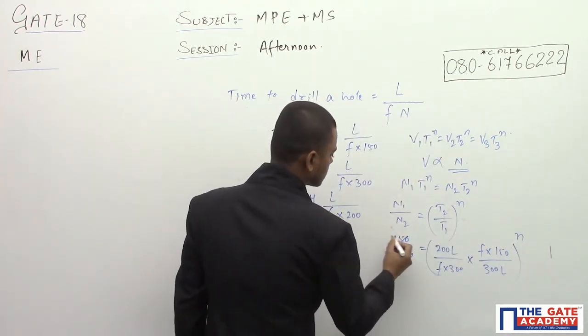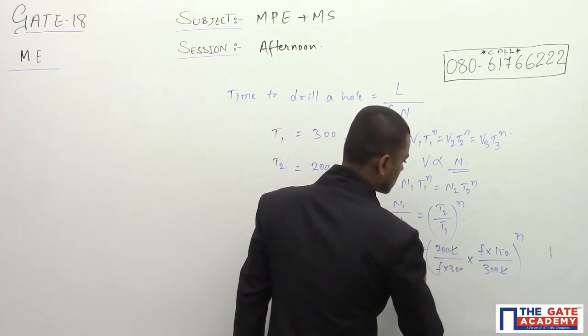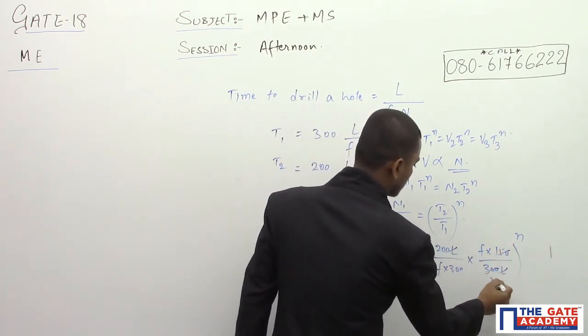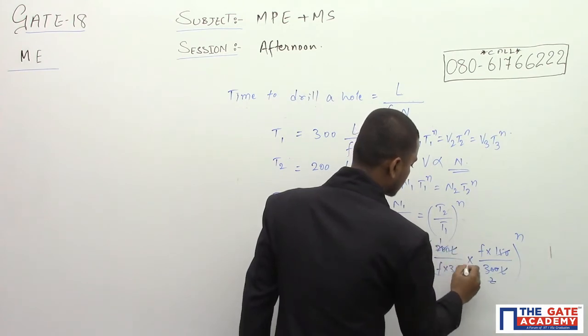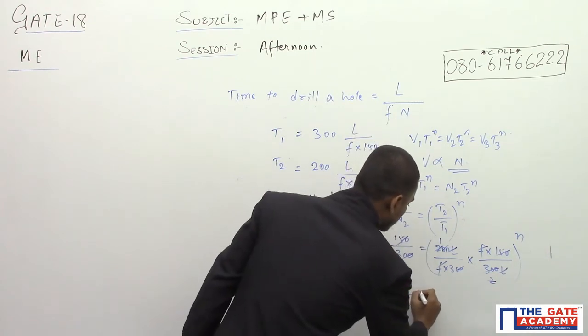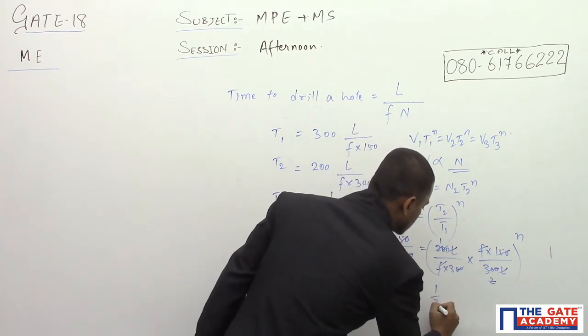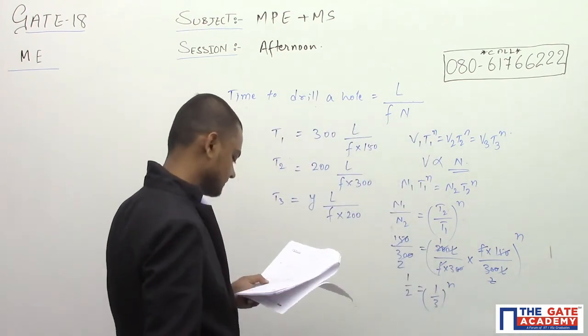Now this is 1 by 2, and 150 upon 300 gives 1 by 2, so the ratio becomes 100 upon 300, which is 1 by 3. So 1 by 2 is equal to 1 upon 3 to the power n.